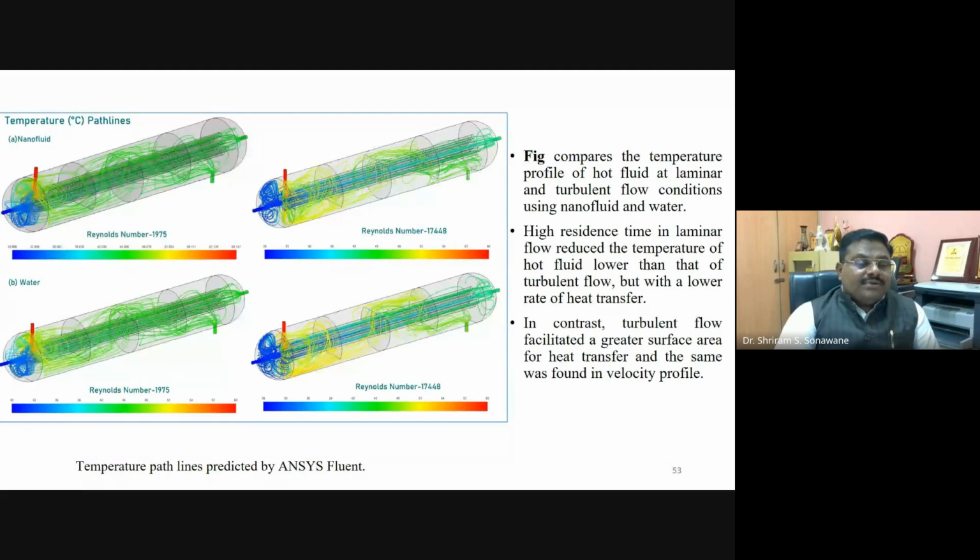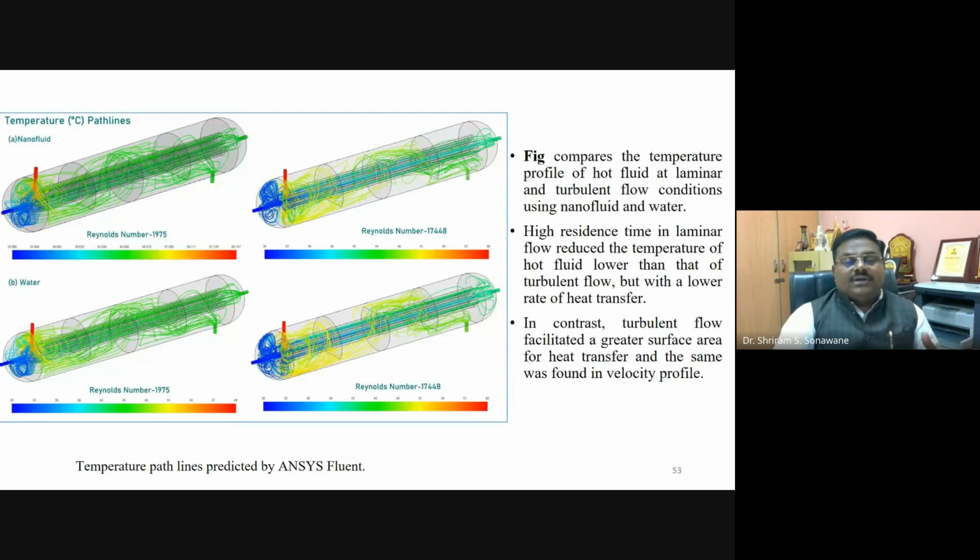This figure shows temperature path lines predicted by ANSYS Fluent, which is in line with the experimental results they published. This compares the temperature profile of hot fluid at laminar and turbulent flow conditions using nanofluid and water. The high residence time in laminar flow reduces the temperature of the hot fluid lower than in turbulent flow, but with a lower rate of heat transfer.